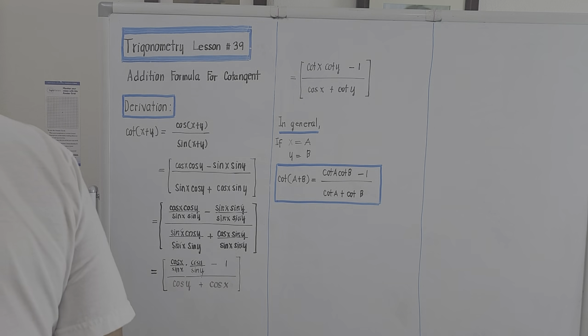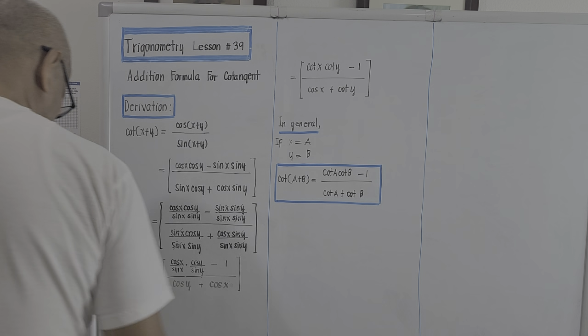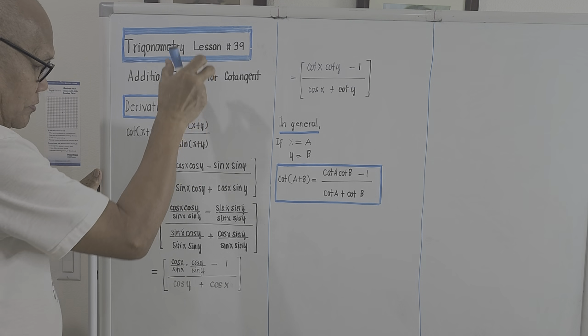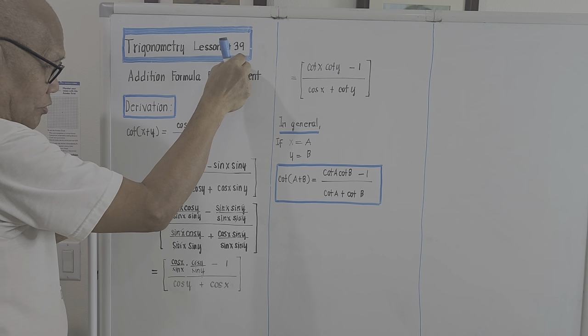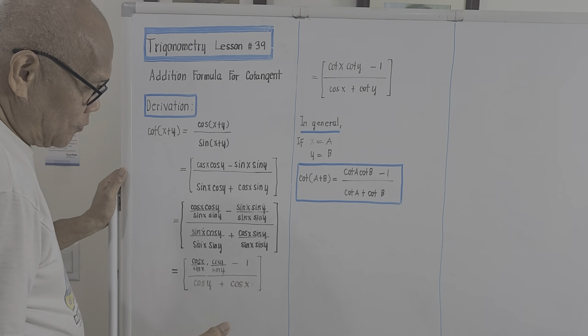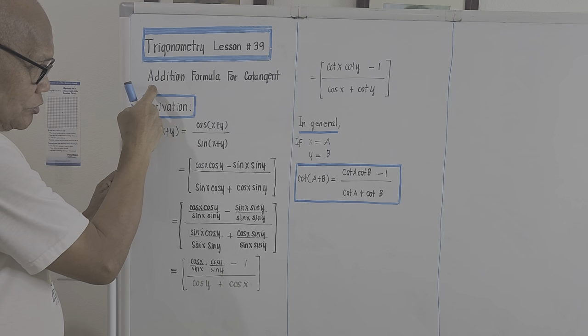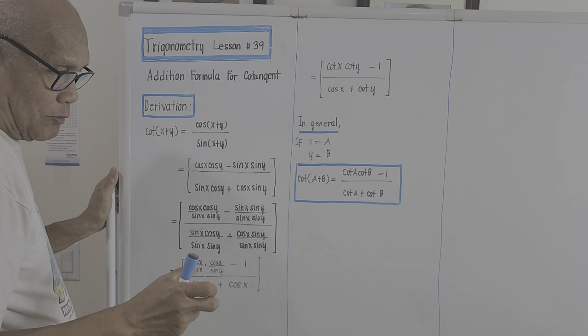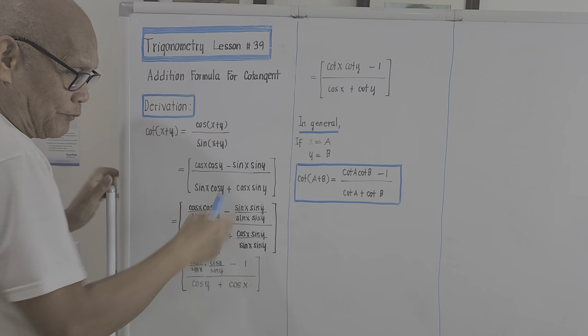The subject matter for this morning will be a continuation of trigonometry, and this is now lesson number 39, and the title of the topic will be addition formula. We are now on the function cotangent.